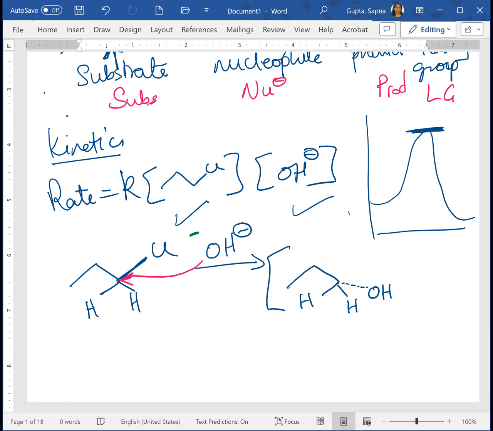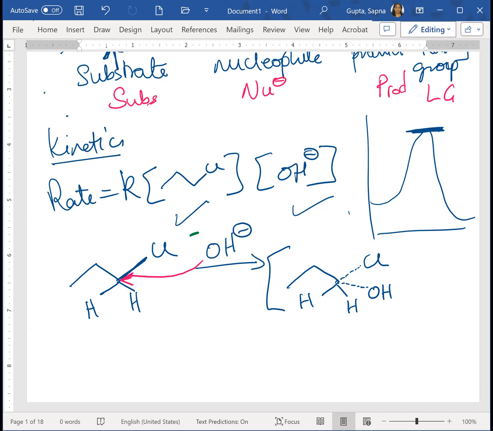The polar bond is between carbon and chlorine, and chlorine is also our leaving group. Which means that the bond that needs to break is the one with the chlorine. So I have dotted lines for that. And what it really shows is that the hydroxide is coming in and the chlorine is leaving.